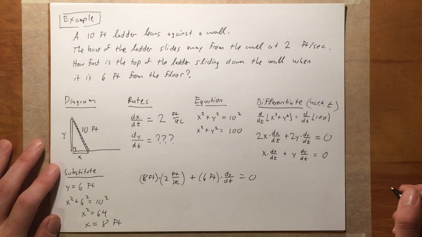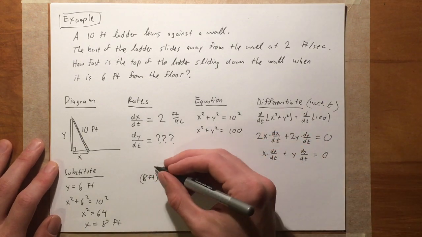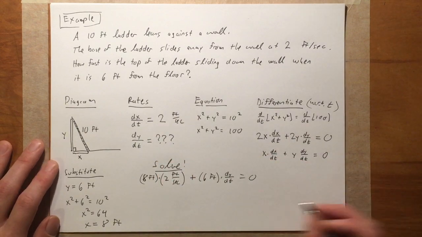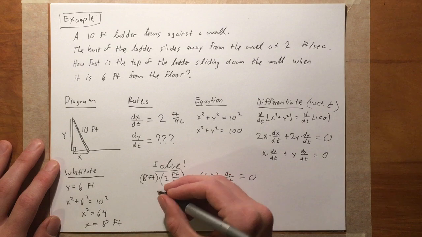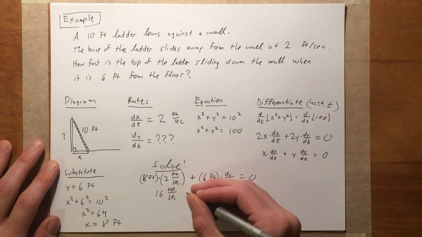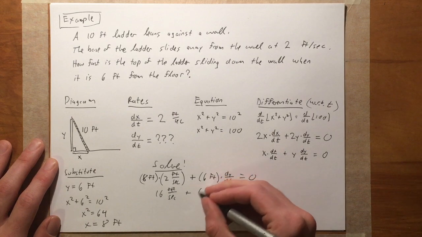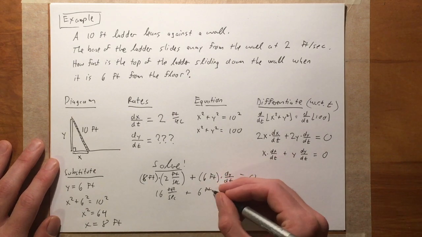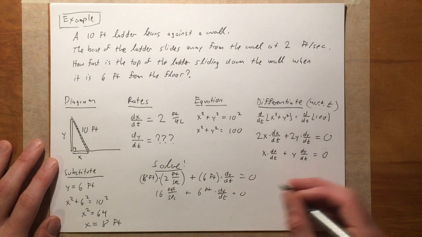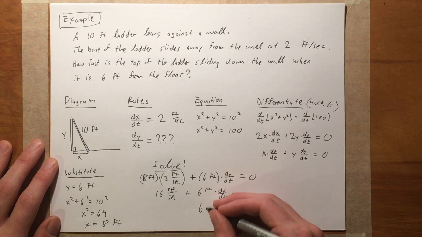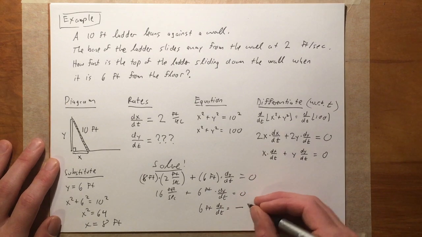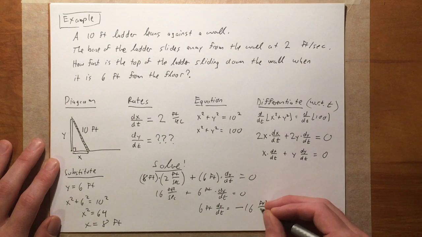Okay, folks, it's time to solve. I'm going to solve this now. So we've got 8 times 2 is 16. This is feet squared per second, technically. We've got 6 feet times dy over dt equals 0. Let's see, 6 feet times dy over dt is going to be negative 16 feet squared per second.